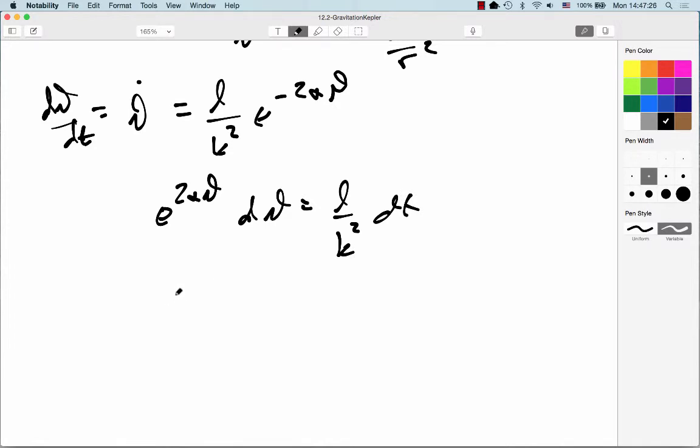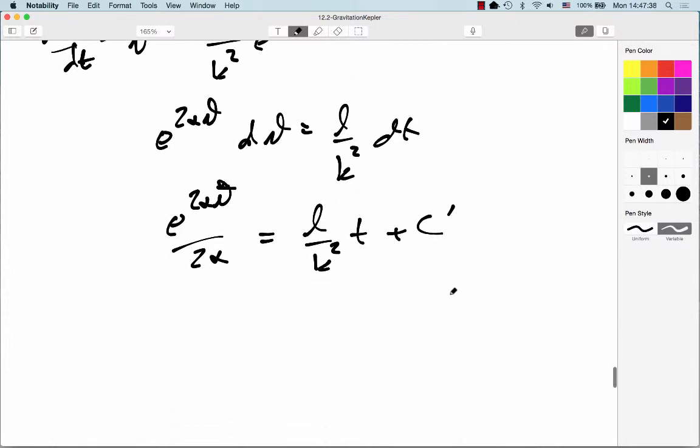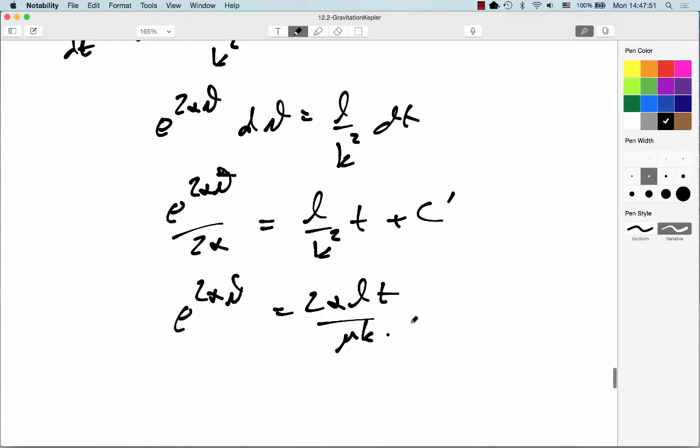All right, now integrating, I get e to the 2 alpha theta over 2 alpha will be equal to L over k squared t plus some constant, I'll call it c prime, because I'm going to absorb some constants. Multiplying through by 2 alpha, I'll get e to the 2 alpha theta is equal to 2 alpha L t over mu k squared plus a different constant.